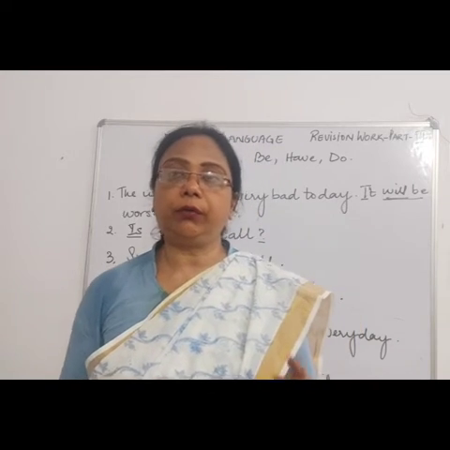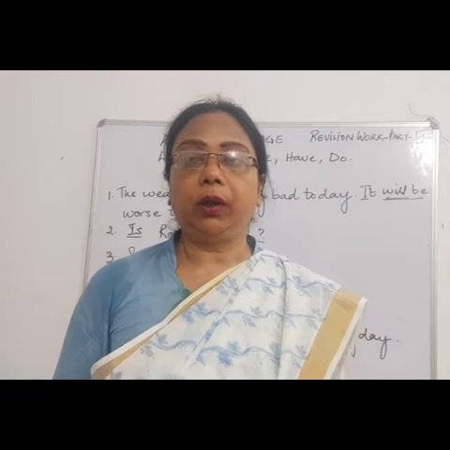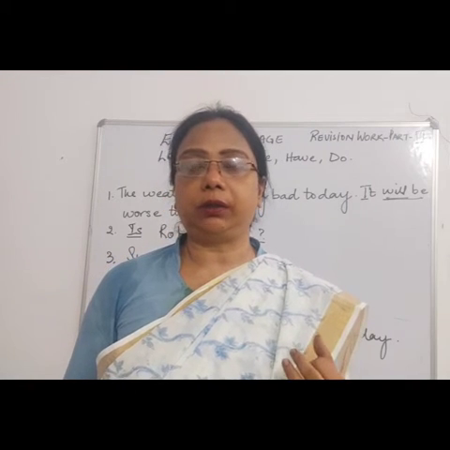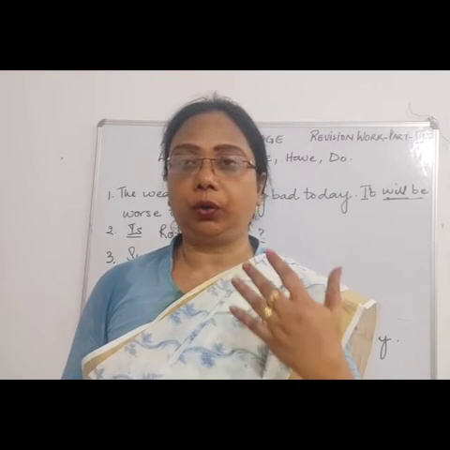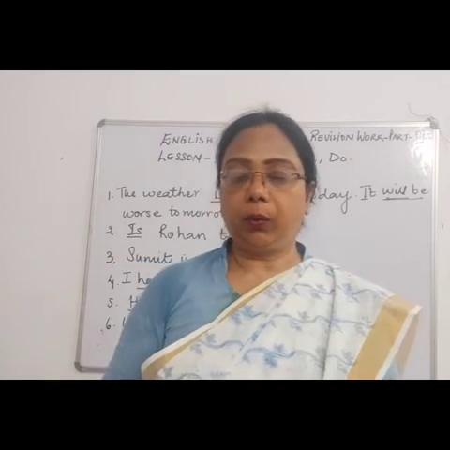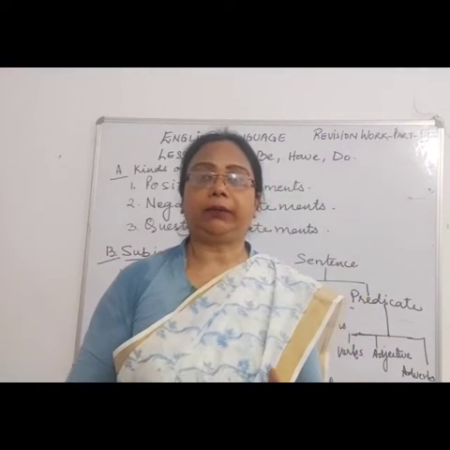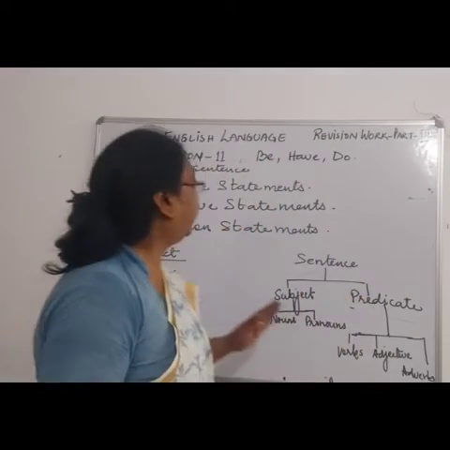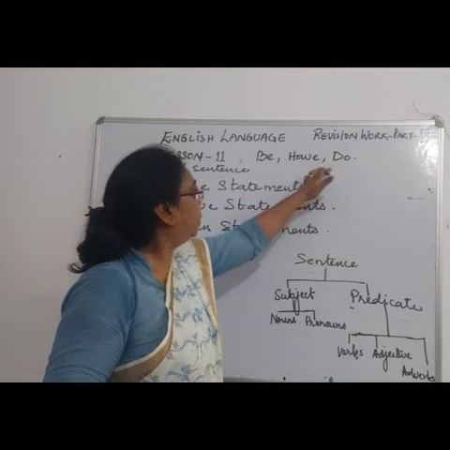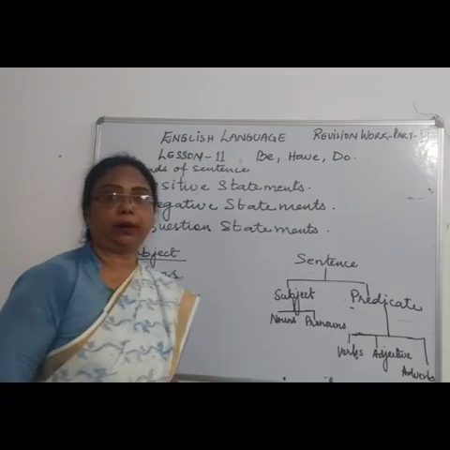Now generally, children, when we are talking about these three forms of the same verb, there are three things to follow. Whenever we construct a sentence, we use be, have and do, then we have to follow three things in our sentence.